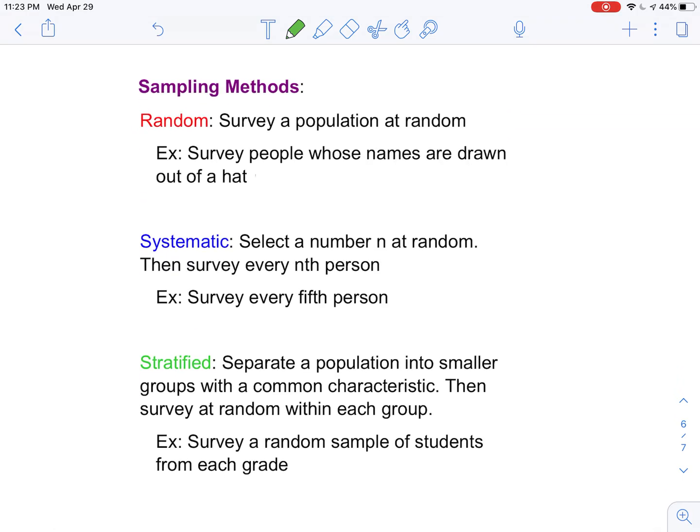Okay? Now, the issue with choosing samples is that we have to be very careful about who we are choosing as our representation of the population at large. For instance, if we wanted a representation of the Archbishop Malloy student body, we would need some males, some females.